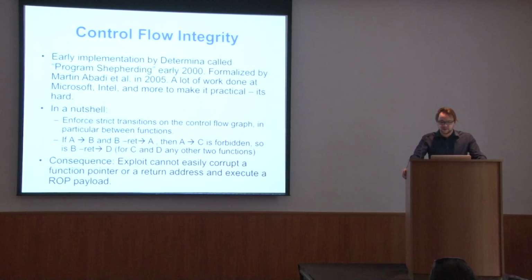What do I mean by control flow integrity? Control flow integrity means that if you have a program, the program has a control flow graph and a call graph, then it's not possible to make the program diverge from this execution flow.